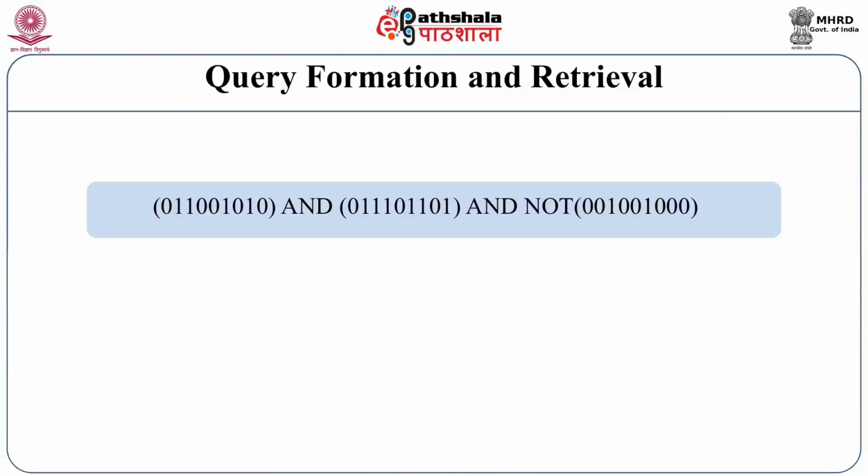The Boolean expression for the term T1 is 0 1 1 0 0 1 0 1 0. The Boolean expression for the term T2 is 0 1 1 1 0 1 1 0 1, and for the term T8 the Boolean expression is 0 0 1 0 0 1 0 0 0.